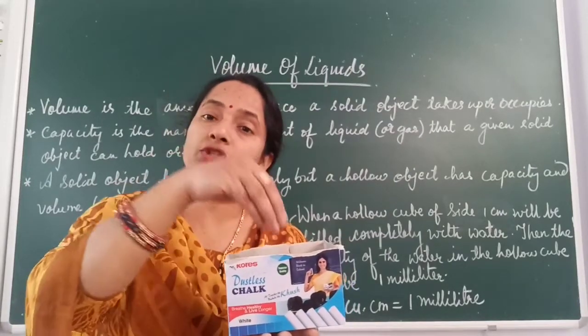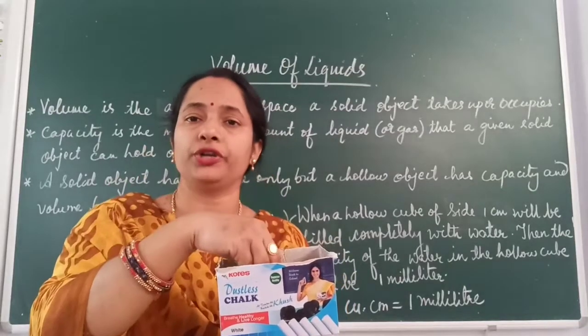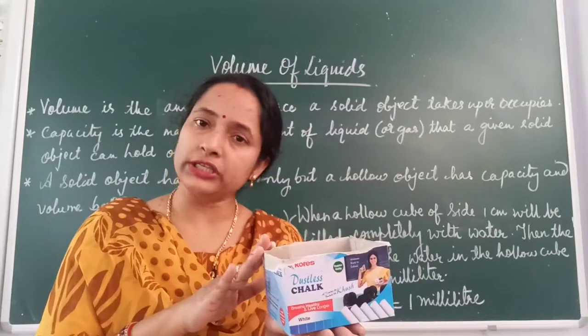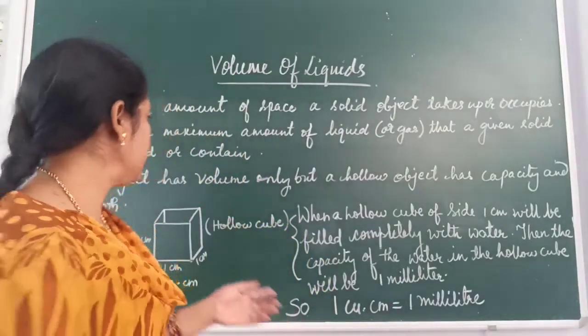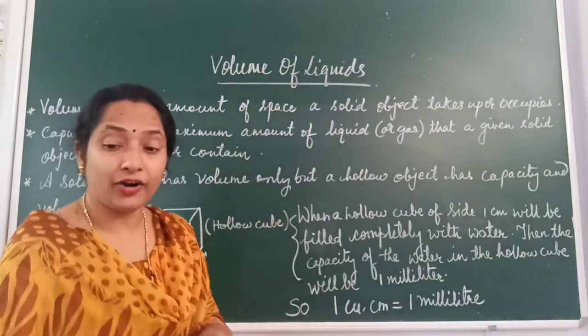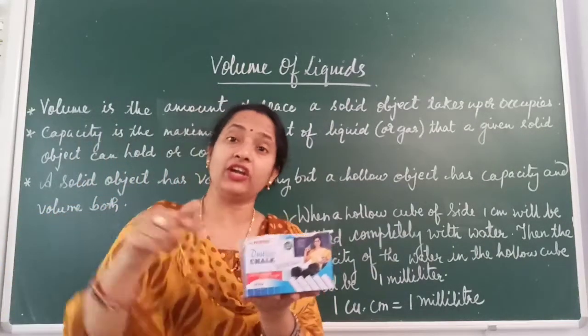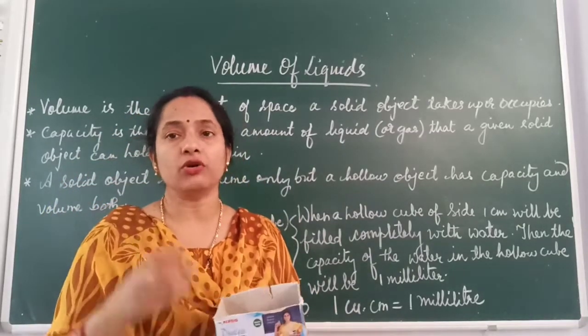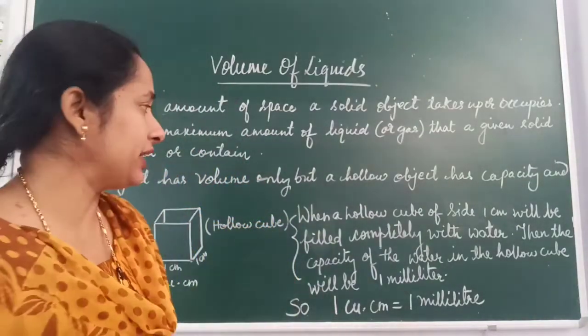So how much quantity of liquid you pour into this hollow box will be equal to its volume. So here you see, a solid object has volume only, but a hollow object has a volume as well as capacity to hold some liquids or gases.